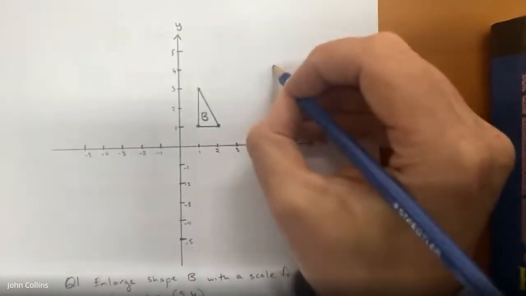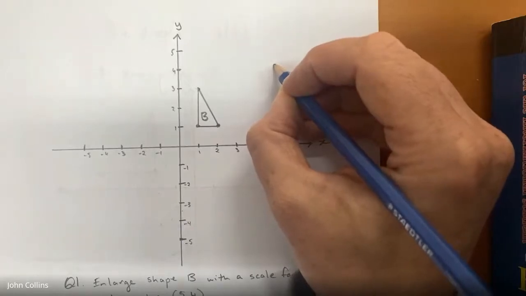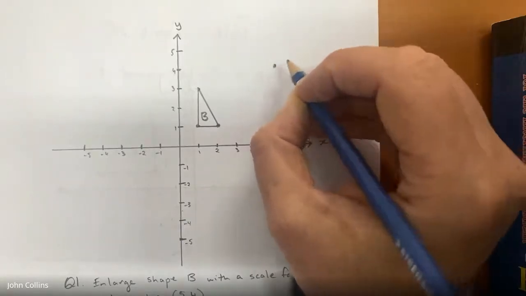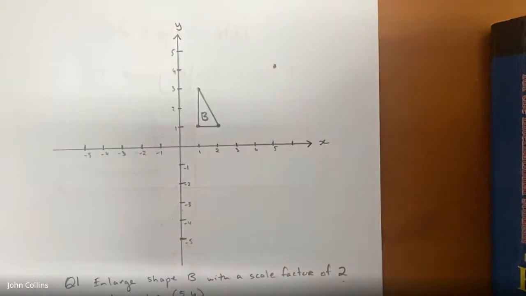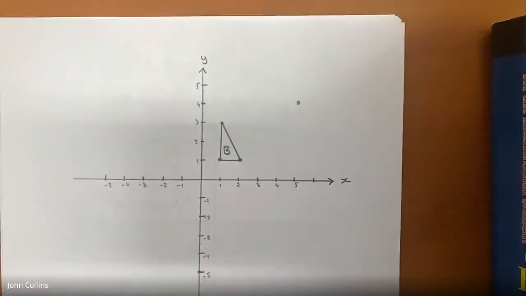So it's over here. Might have done that a little bit far away, but let's see what it looks like anyway. Okay, so 5, 4. So how do we draw this thing that's twice as big?